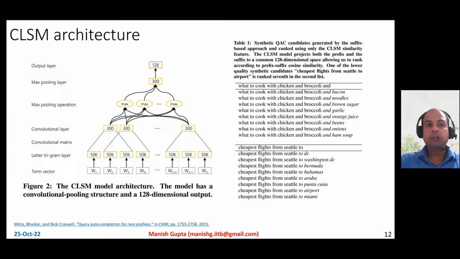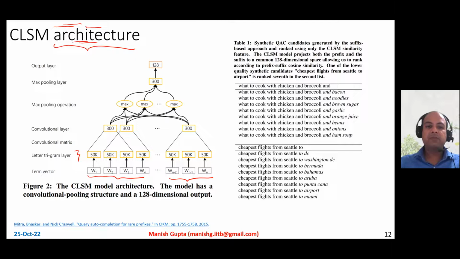So the model is a convolutional neural network kind of model. It takes a prefix and a suffix, these two things together, and it extracts trigram features out of these words. So let's say the word is architecture. You'd get character trigram features, for example, ARC, RCH, CHI, HIT, and then ITE, and so on.